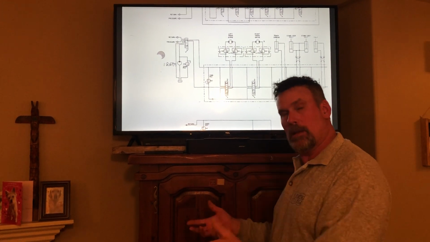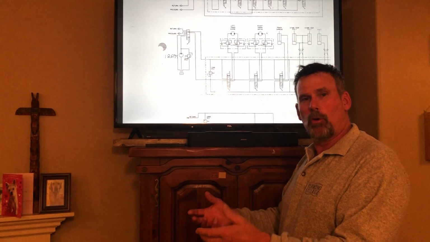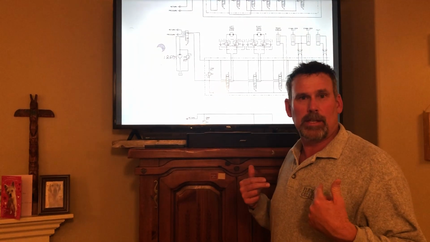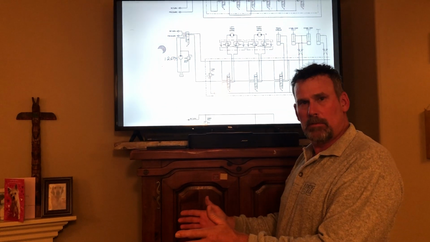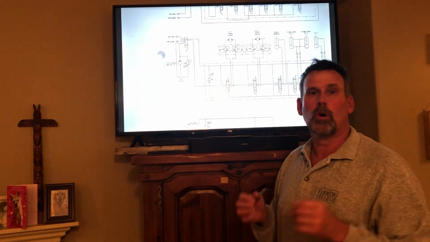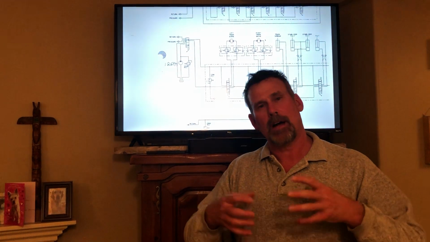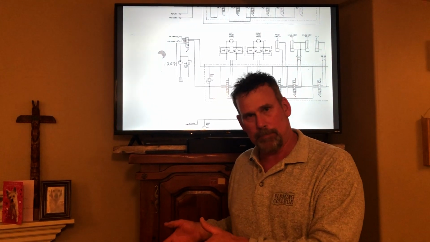So now the weight of the machine is going to start pushing it. And the only thing you have holding it back, there's nothing, because the oil can easily get back to tank. So now you could have an overspeed situation where this thing takes off down the hill. So we're going to put a counterbalance valve into this to provide us some control over these track motors when they're going down a hill.